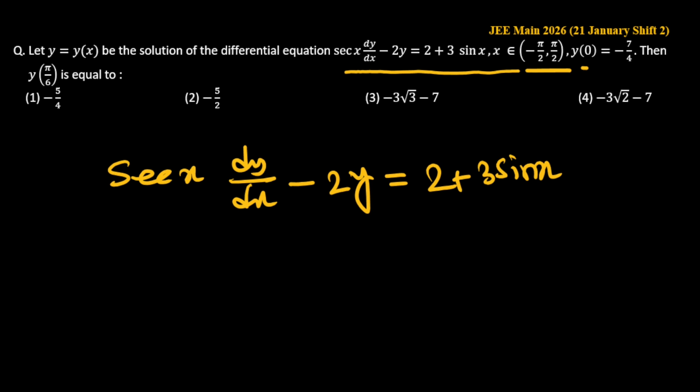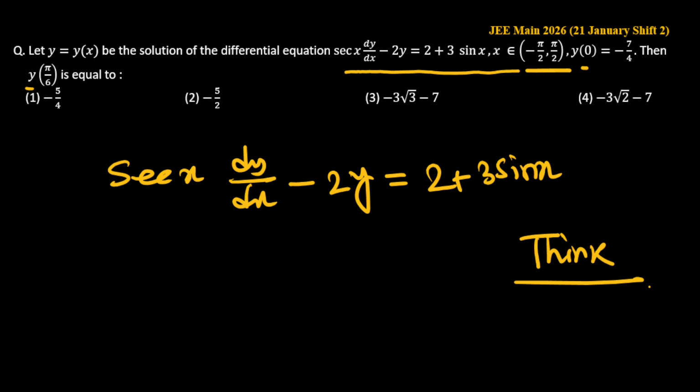Then it asks, what is the value of y at pi by 6? Which method should be used here? Separation of variables, substitution, or the integrating factor method? Think. Before we start solving the problem, always identify the type of the differential equation. Once we have identified it, choosing the correct method becomes much easier.